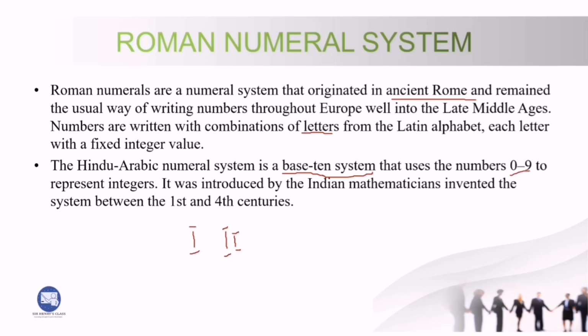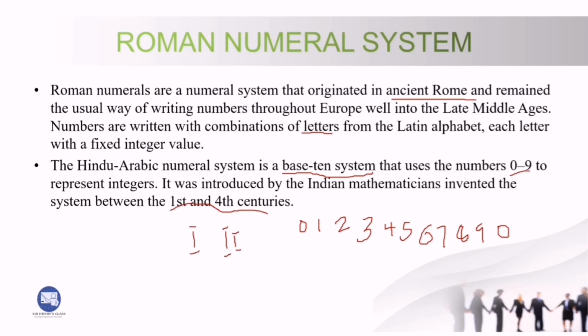So we have 0, 1, 2, 3, 4, 5, 6, 7, 8, 9. And a little history about it: it was introduced by the Indians somewhere between the 1st to the 4th centuries.